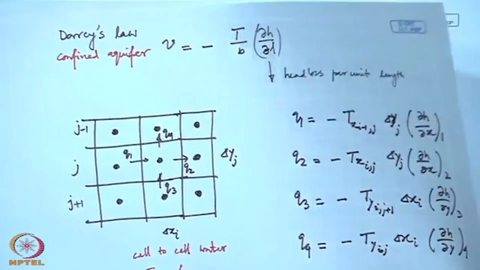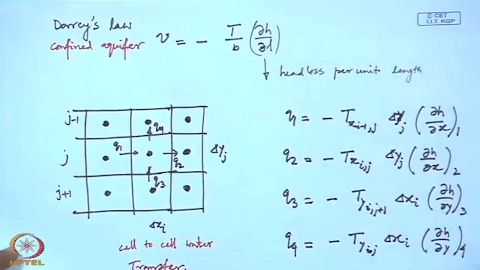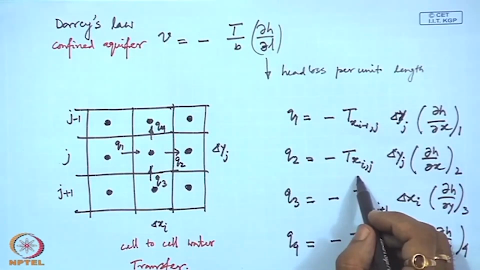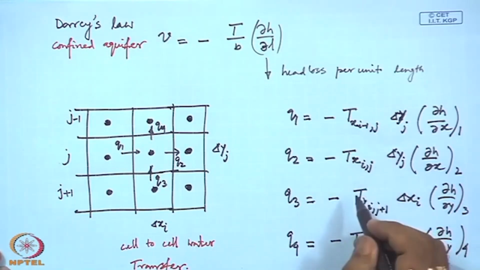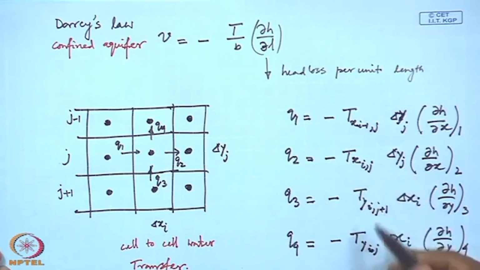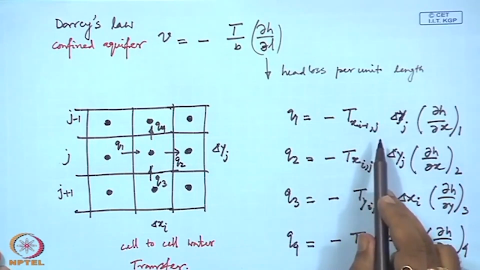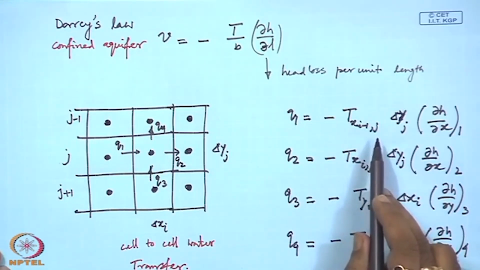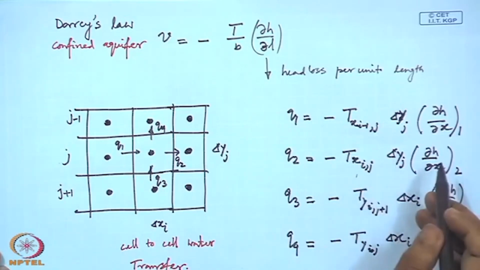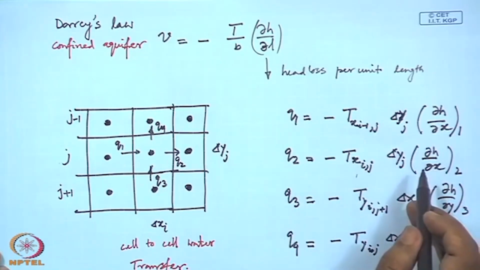In this case, T x i j is the transmissivity in the x direction of the element i j, and this is for element i plus 1 j.